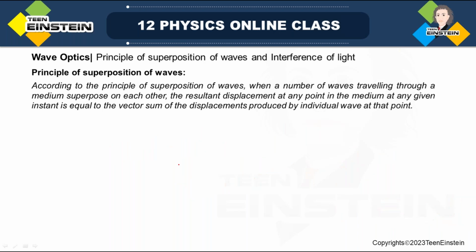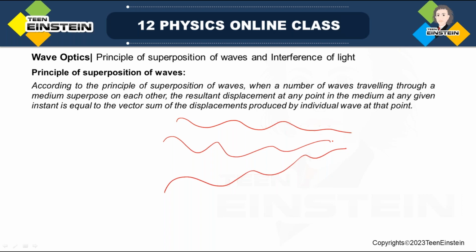So look here, when multiple light waves, at least more than one, two or more light waves, pass through a medium, and they are traveling in the same direction, and when they pass through the same point, then what happens?